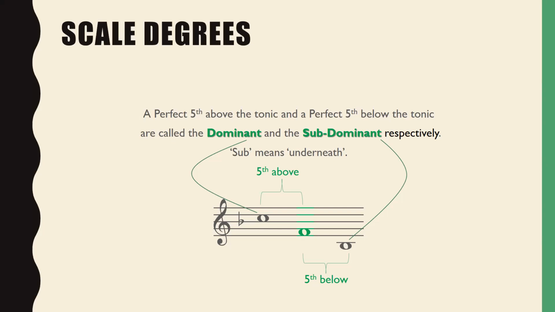Dominant means something that's important or is powerful over something else. So if your culture is the dominant culture, it means that your culture is over and above or has more power than another culture. But dominant can be used in a number of different ways.